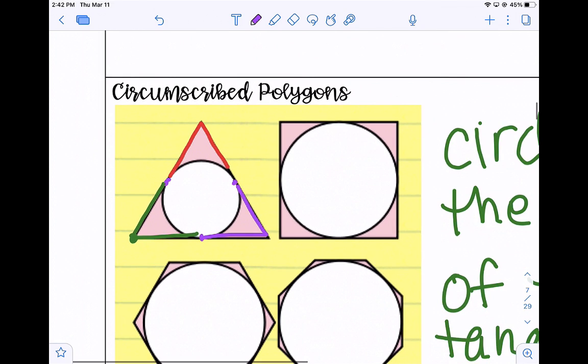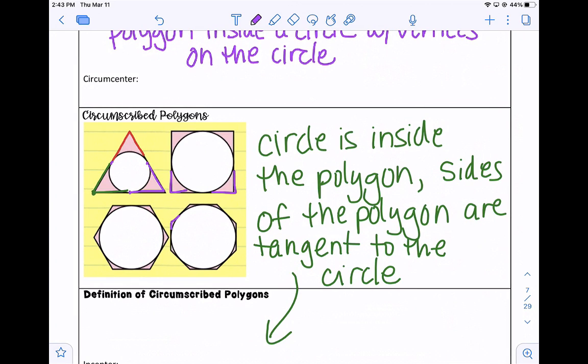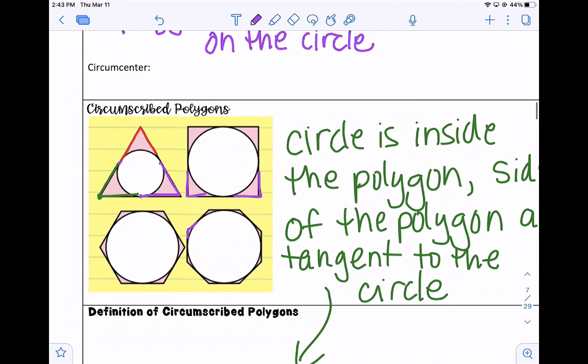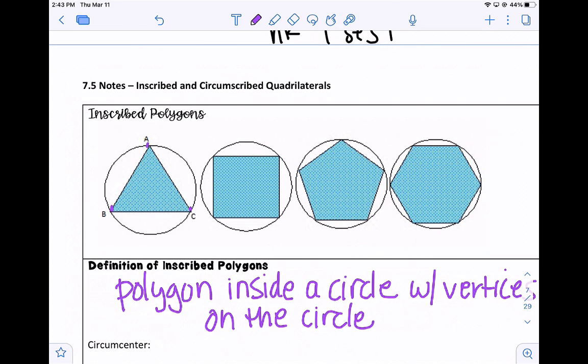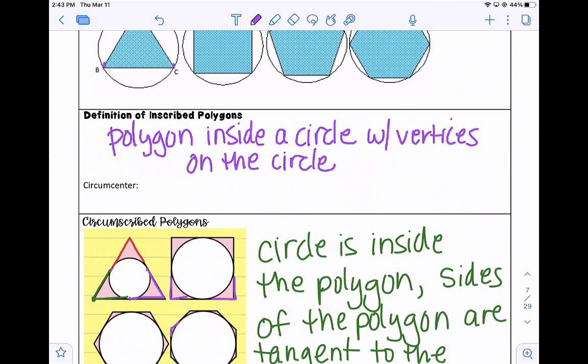If they're circumscribed, you have a bunch of ice cream cones, and you can use the property of the ice cream cones to figure out different lengths. So we have looked at circumscribed polygons, and again, the definition of incenter we'll gloss over for now. We're not going to use that in this section. To review, inscribed is when the polygon's on the inside of the circle, and if it's circumscribed, the circle's on the inside, the polygon's on the outside.